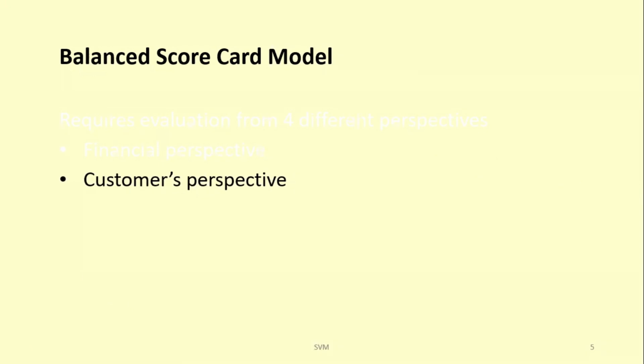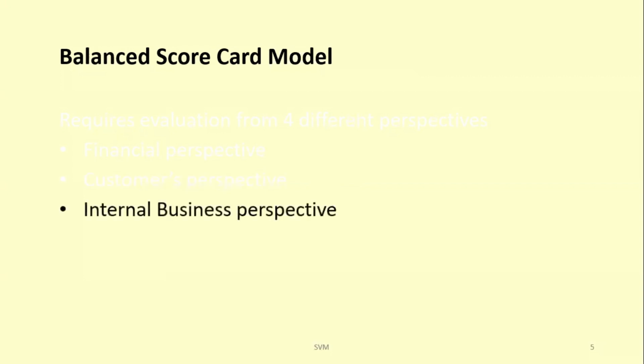Then we may keep a target saying achieve a customer satisfaction score of 90% or higher based on surveys. Means survey will be our methodology, and we want to have a customer score of 90%. Then for the internal business perspective, we can have something like a quality control related measure, like achieve a defect rate of less than 1% in product manufacturing.